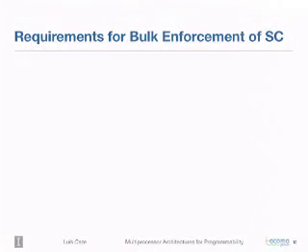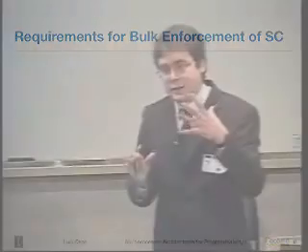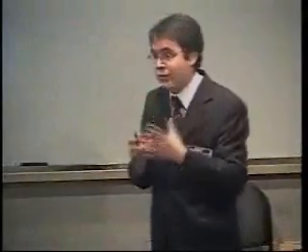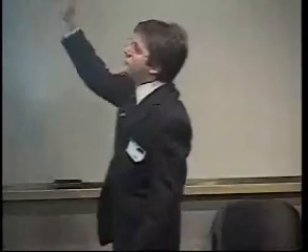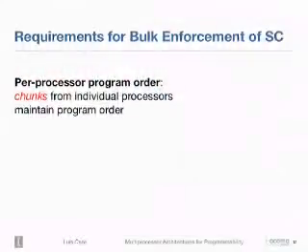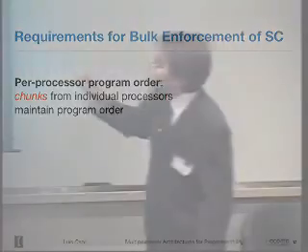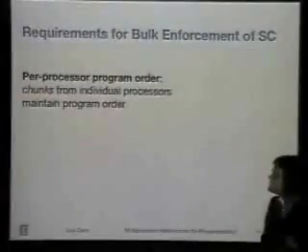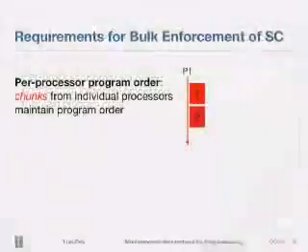So having that in mind, you see that the granularity of operation of a multiprocessor is these chunks, these groups of instructions. So let's look at the requirements for bulk enforcement of SC now. First requirement: we can rephrase sequential consistency in terms of chunks. The per-processor program order says that chunks from individual processors maintain program order.